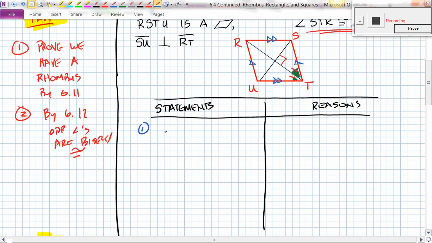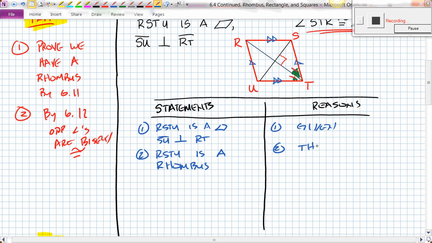So, first things first, we know RSTU is a parallelogram, and we know that SU is perpendicular to RT. And that's all the givens. So, because SU is perpendicular to RT, we can say that RSTU is indeed a rhombus. We can say that because theorem 6.11 allows us to say that.